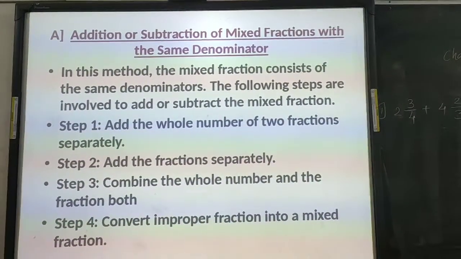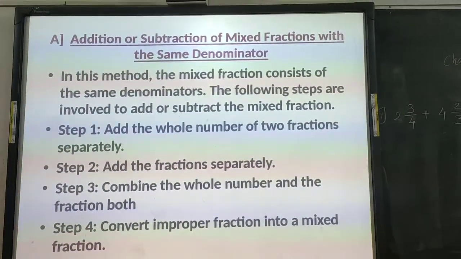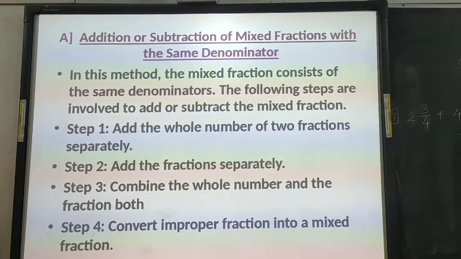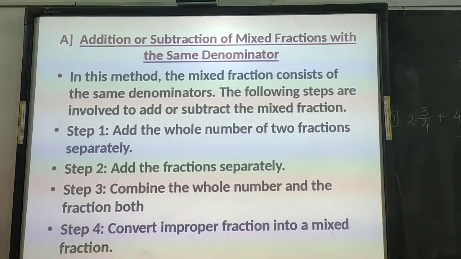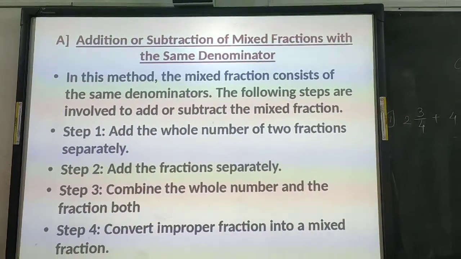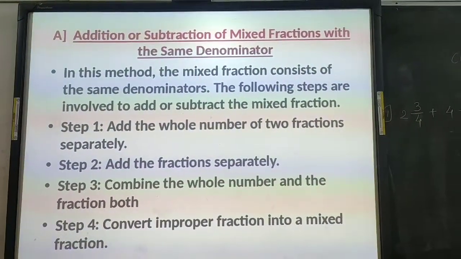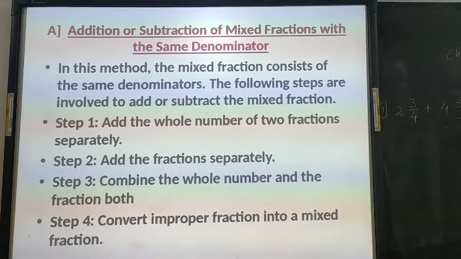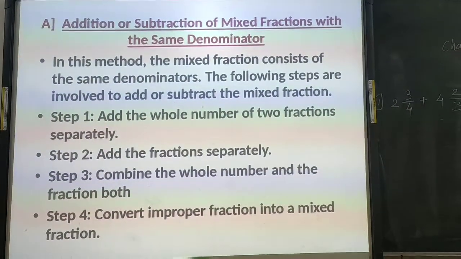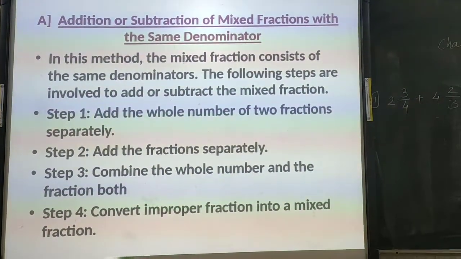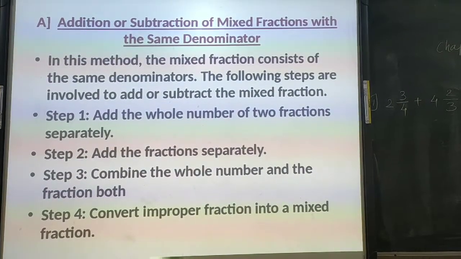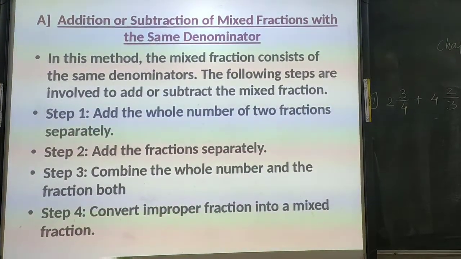Step 2: add the fractions separately. Step 3: combine the whole number and the fraction. And the last step: convert the improper fraction into a mixed fraction. We have seen how to convert an improper fraction into a mixed fraction in the lecture on types of fractions, in the equivalent fraction method.